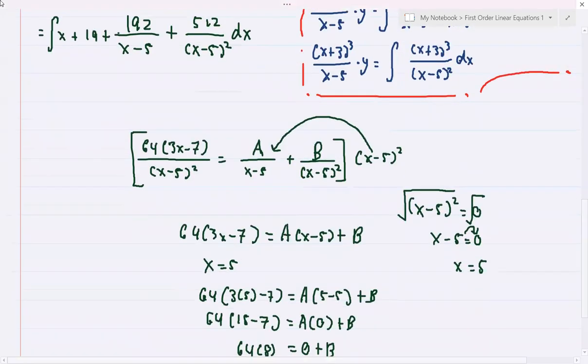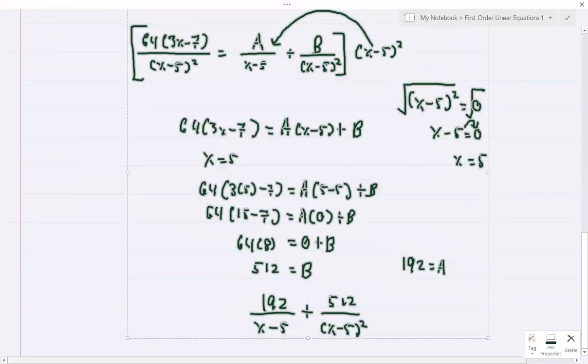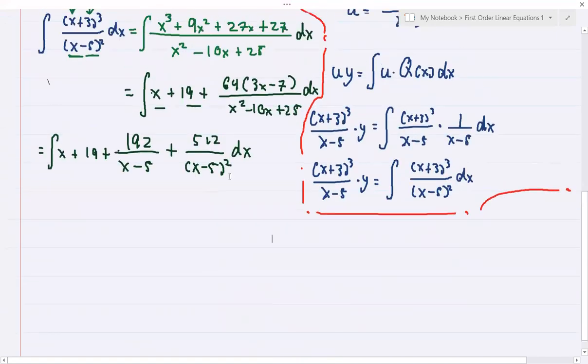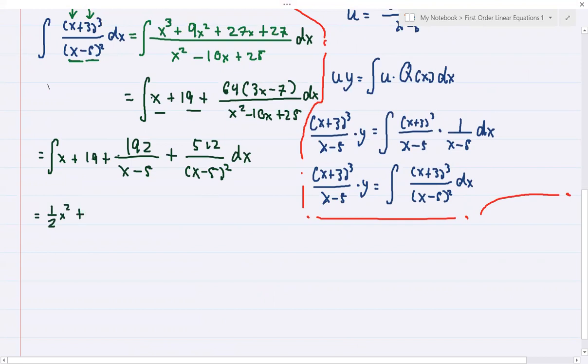So now we can simply integrate. Let me now remove this. So what is now the integral for this expression? The integral of x is 1/2 x squared plus the integral of 19, since it is a constant, so you will have 19x.